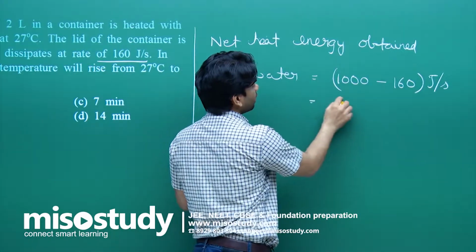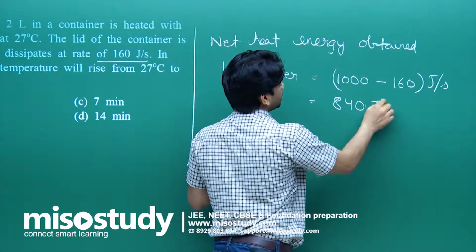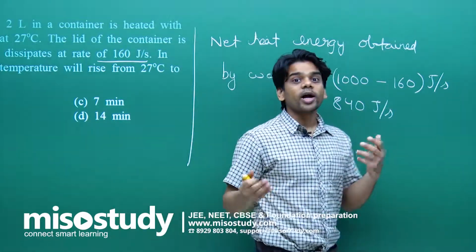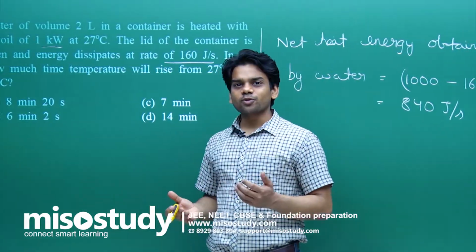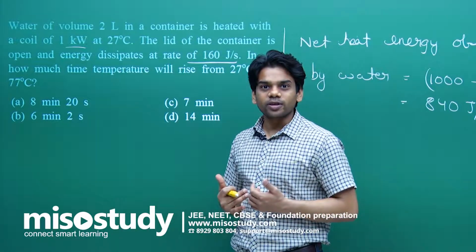This comes out to be 840 joule per second of heat energy acquired by water. So first, we got the rate at which water acquires heat energy, that is 840 joule per second.